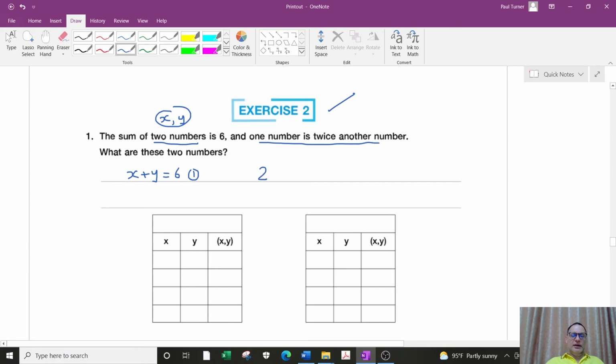So that could be 2x equals y. So double the x number will give you the y number. You could also have x equals 2y, and you should end up with the same answer at the end. So you choose which one. I recommend use this one, but see what happens.